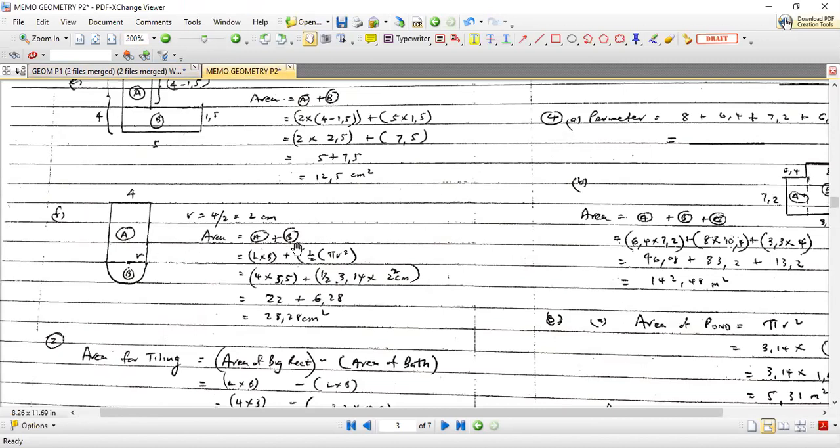So it's A plus B, which is shape A and shape B, which is length and breadth, plus a half pi r squared.